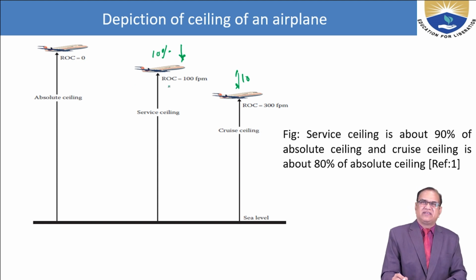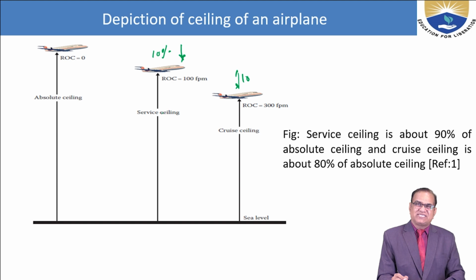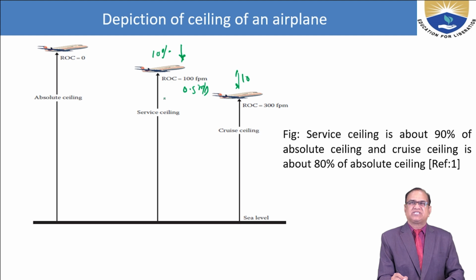Next is the service ceiling. Service ceiling is the altitude at which the aircraft maintains a rate of climb of 100 feet per minute or 0.5 meter per second. That altitude is called the service ceiling. Another is for the cruise condition.